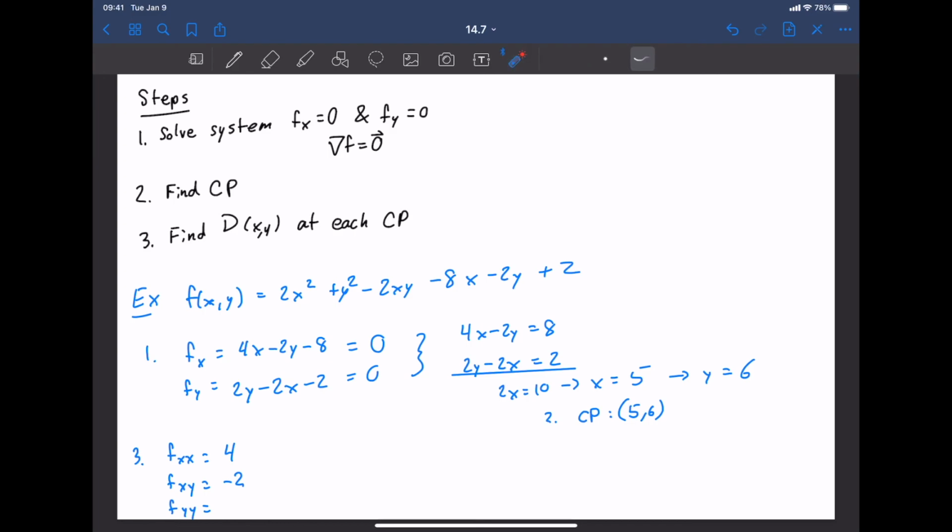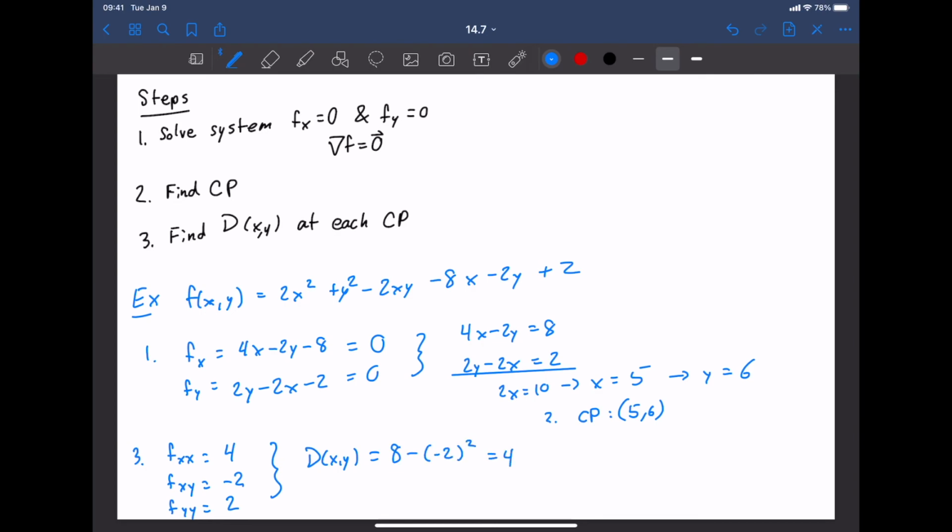If you do the x derivative and then you take the y derivative of this, -2. If you did the y derivative first and then took the x derivative, you should have gotten -2. And fyy is +2.